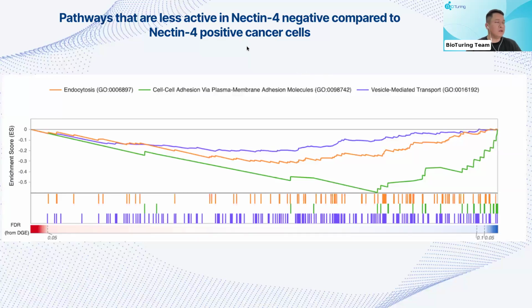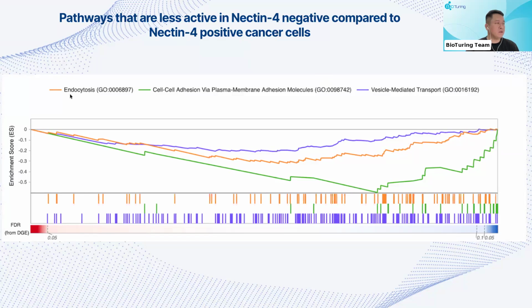For example, here I compare the gene expression of the Nectin-4 negative population with Nectin-4 positive cancer cells. We can see a decrease in cell-cell adhesion, which makes sense because Nectin-4 is a cell adhesion molecule.